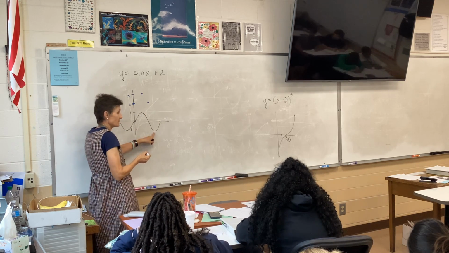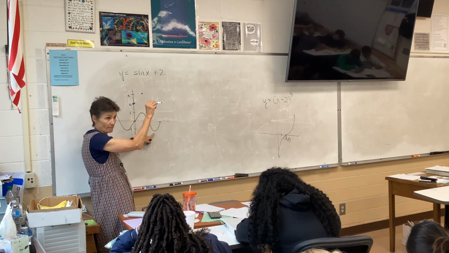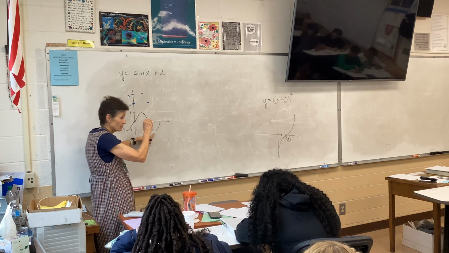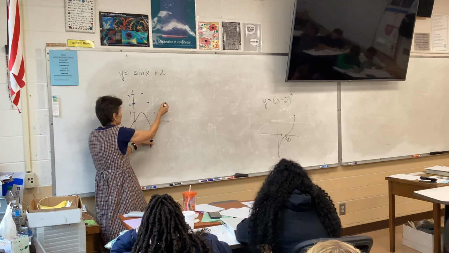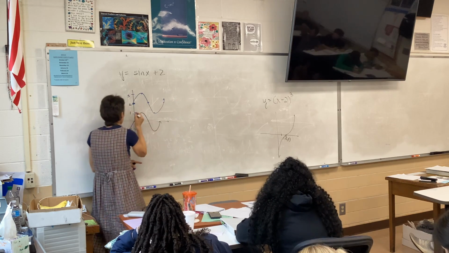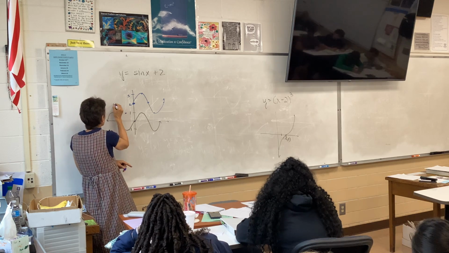Now this one is at -1, so where's it going to be? Remember, you're taking it up 2, -1 plus 2. So here is your sine picture. And of course, the same thing happens back here.